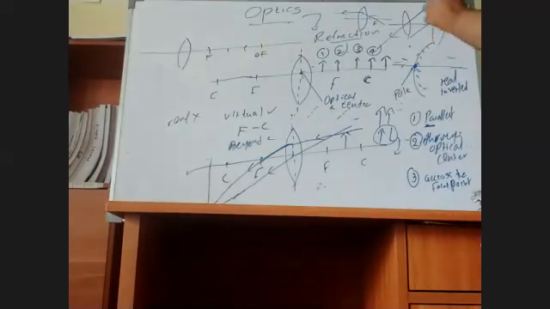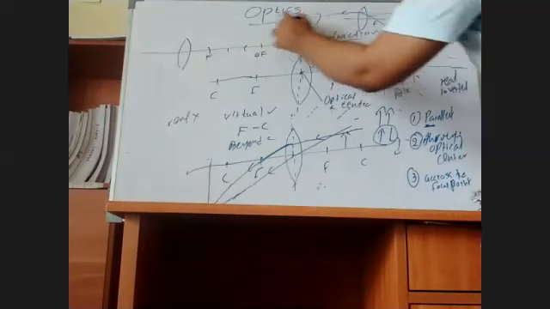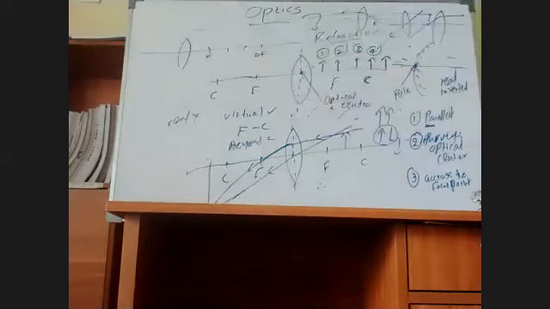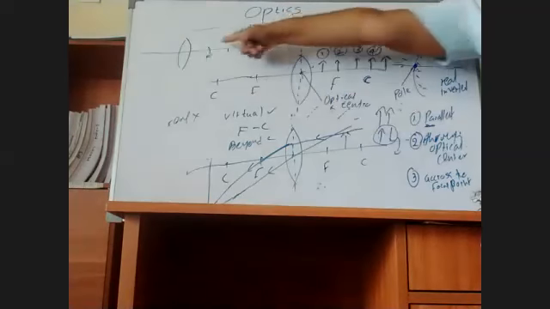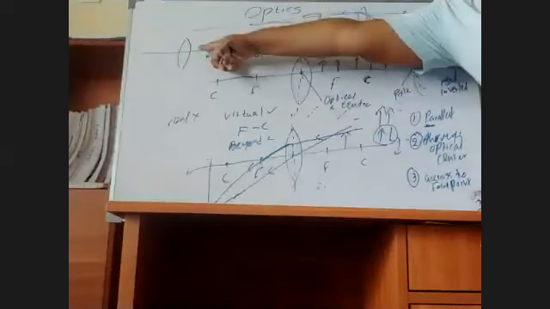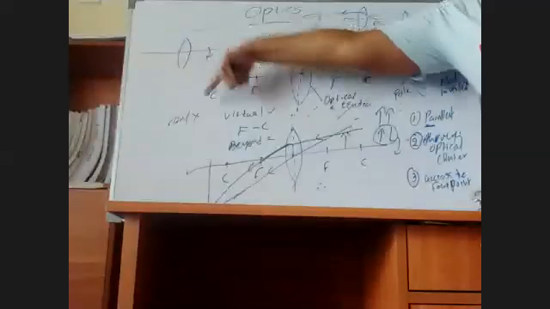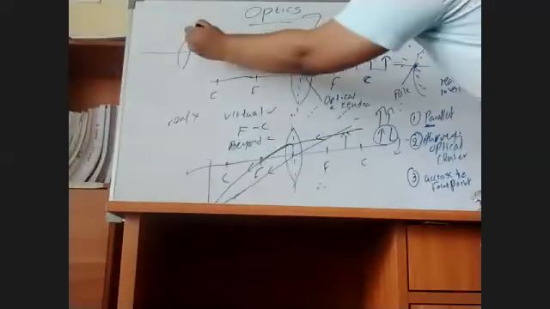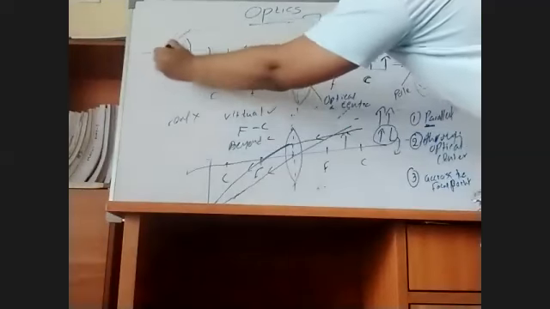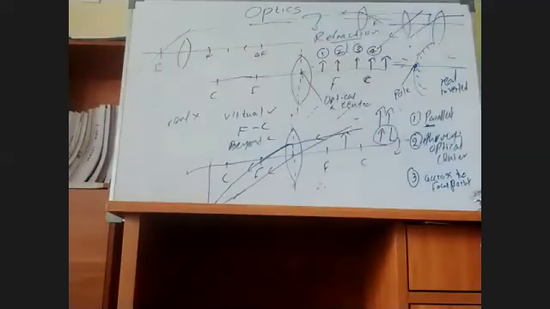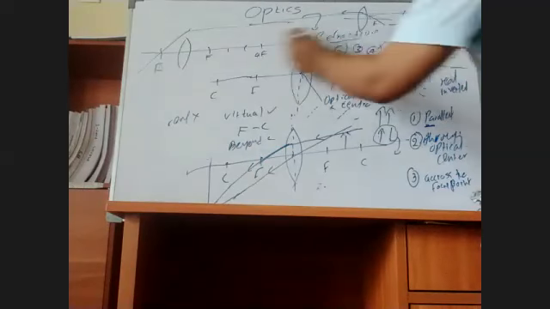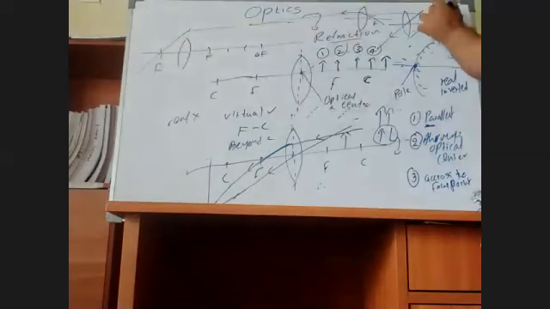Now the object is at infinity. When a parallel ray comes like this and passes through the lens, it will pass through the focal point. Okay, then what is happening? Will it be possible? Yes, it will be possible.